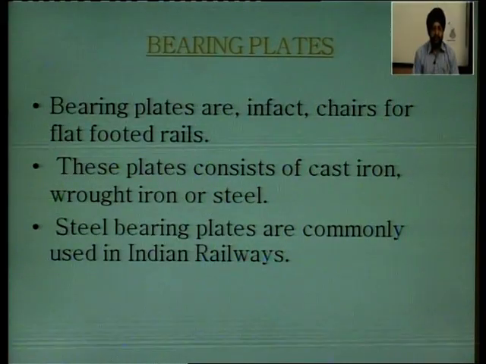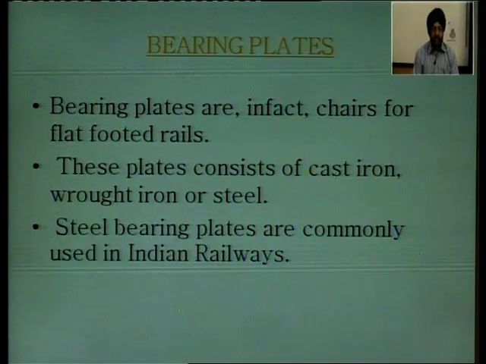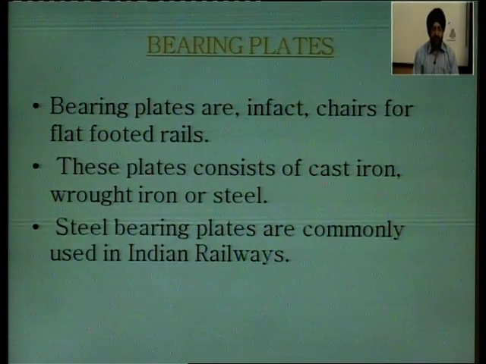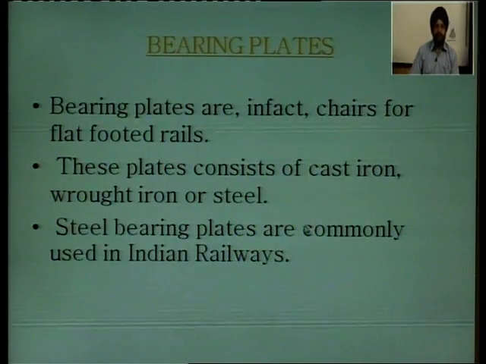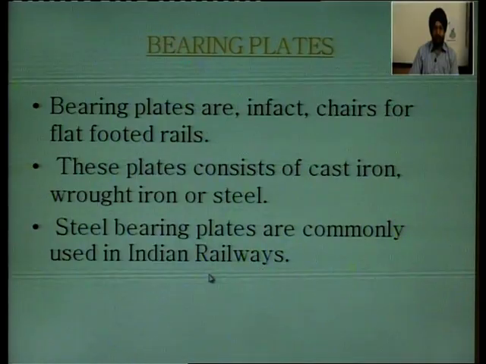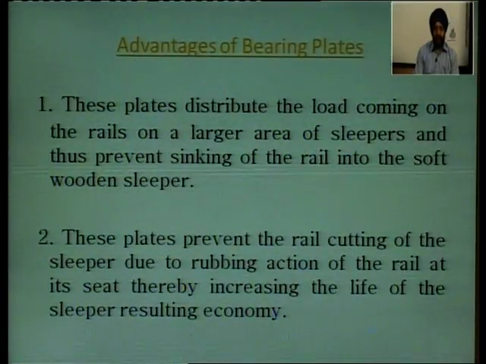Steel bearing plates are commonly used in Indian railways. We have three options, but amongst these three we prefer the steel bearing plates in Indian railways. So, this is something regarding the bearing plates.